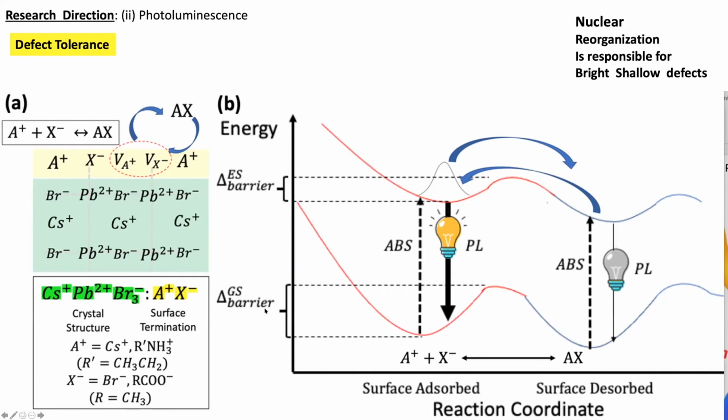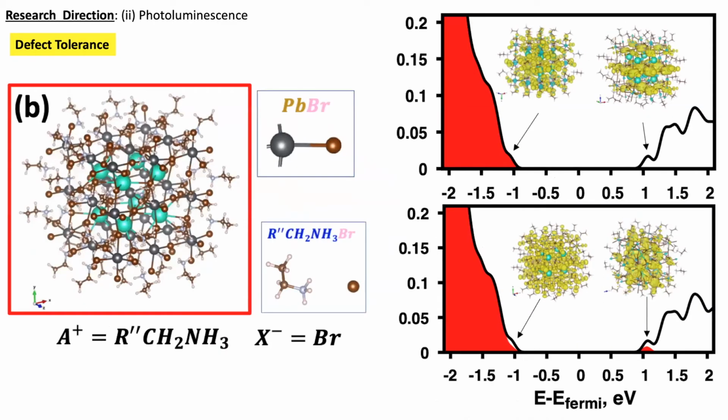We did try several types of anionic and cationic ligands, but here I'm going to tell a story only about one pair of ligands, with the anion bromine and the cation alkylammonium.